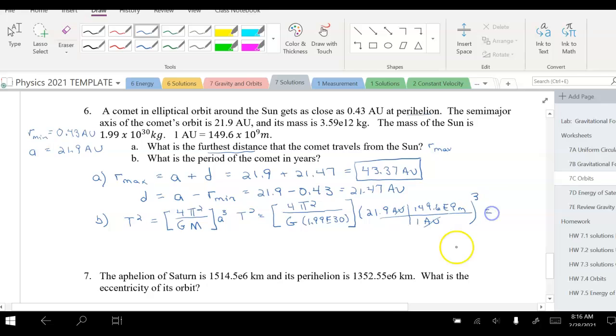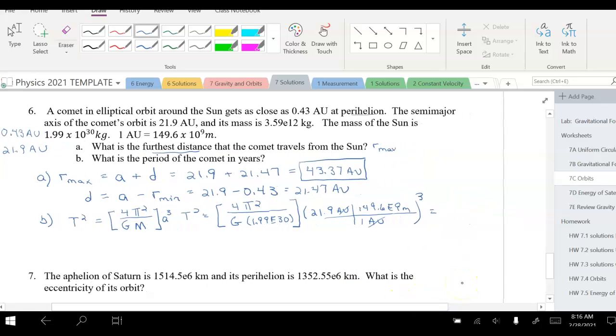Okay, so I'm going to do this math, and this is going to give me the period squared in seconds squared. So I've got 4 times pi squared divided by G, also divided by the 1.99 times 10 to the 30th, and then I'm multiplying that by the 21.9 AUs converted to meters raised to the third power.